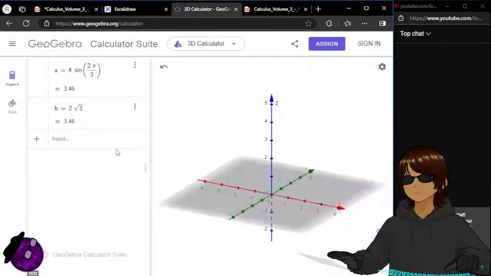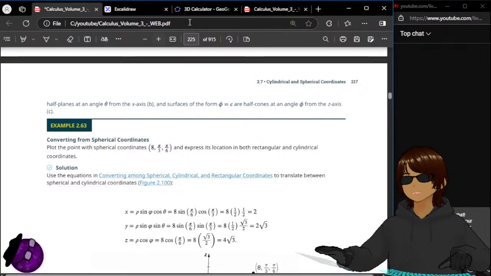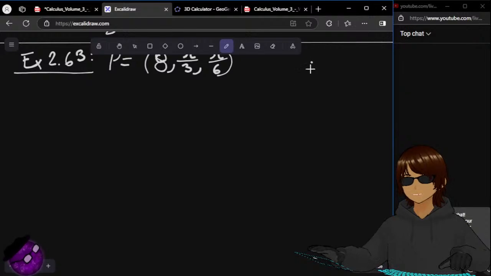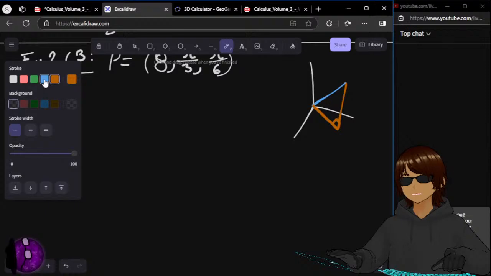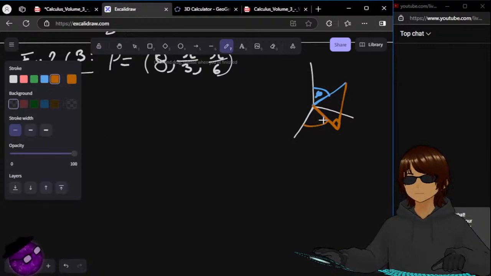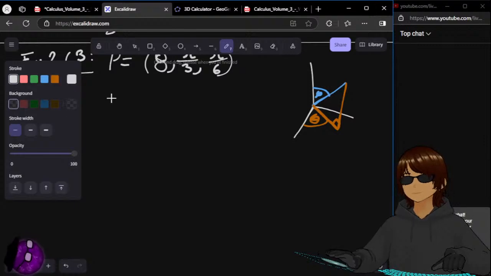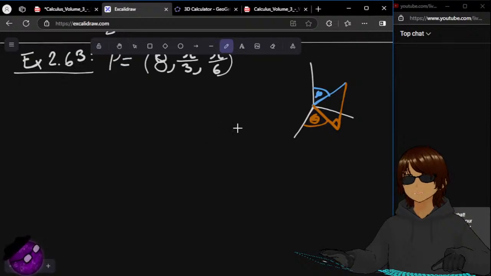This is a point in spherical coordinates, where we have phi and theta, and we have rho.